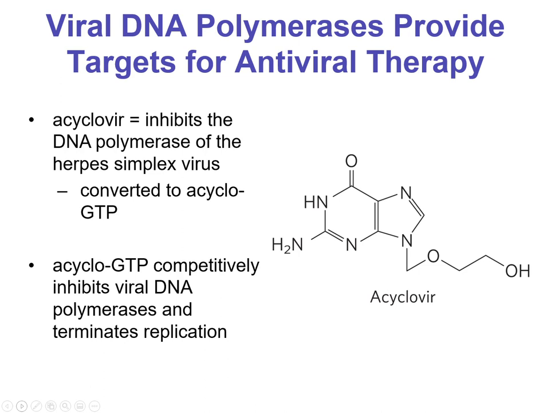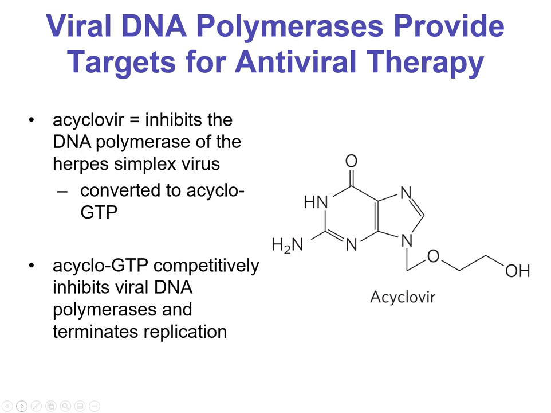One of the things you can do when you're trying to develop antivirals or antibacterials is target proteins that are essential for the propagation of the infectious agent, that will not affect the organism, or at least will have very minimal effect on the organism.